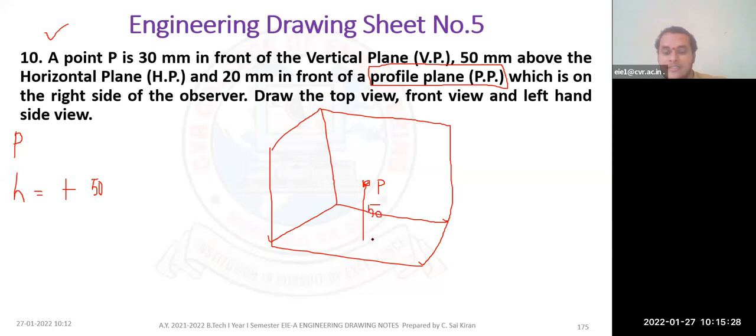So it will project as small letter p in the top view. We don't know this distance. With respect to this distance, they told that it is 20 mm in front of the profile plane, which is on the right side of the observer.